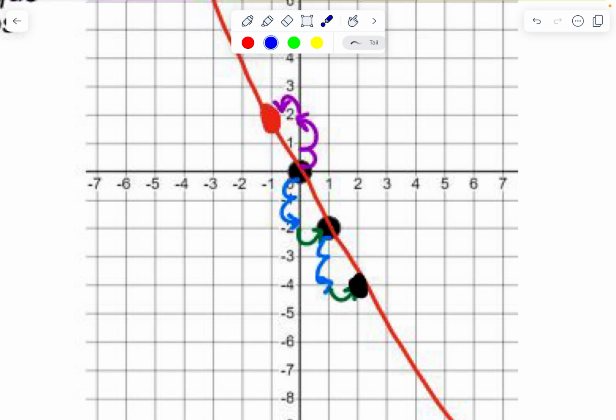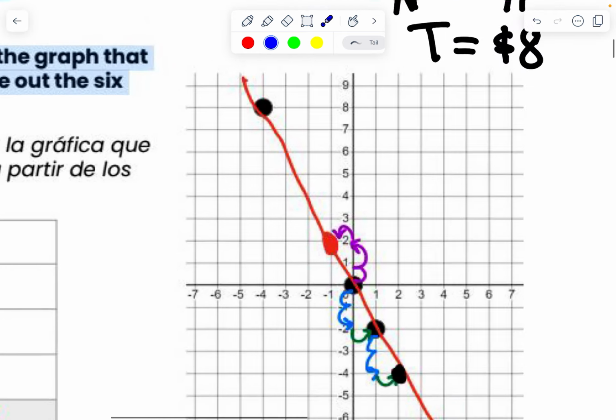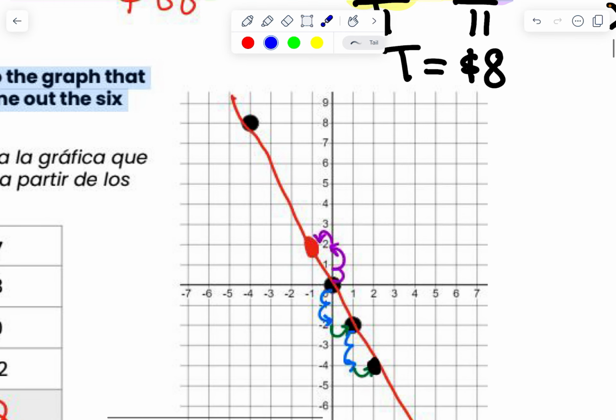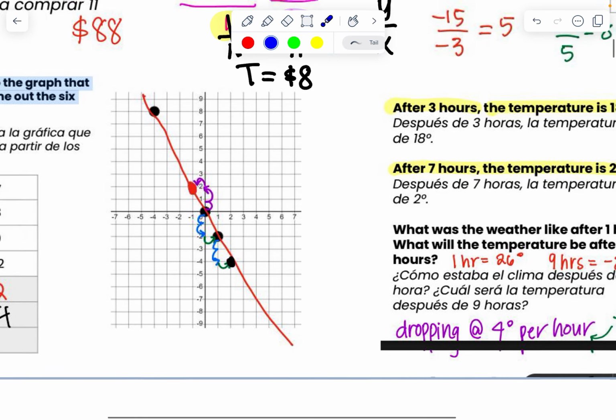And so we could just continue that pattern and go down 2 over 1, and we would have this point right here. Or if we wanted to go in the opposite direction, we could follow the opposite directions. Instead of going down 2 to the right 1, I could go up 2 left 1, up 2 left 1, up 2 left 1, and fill in our table.